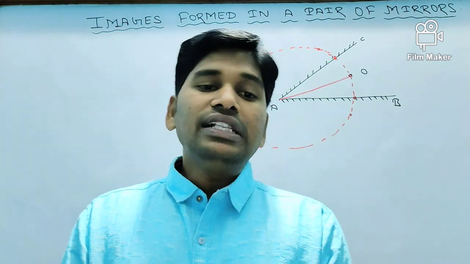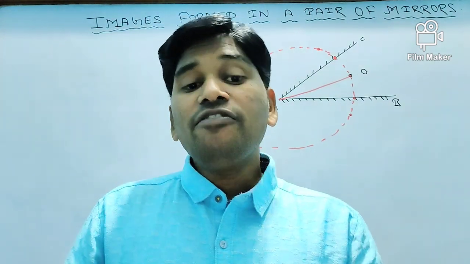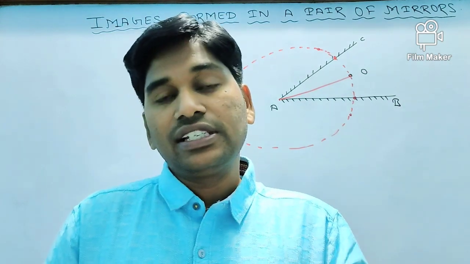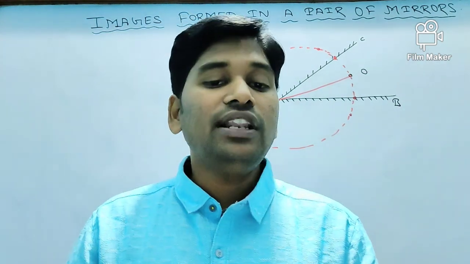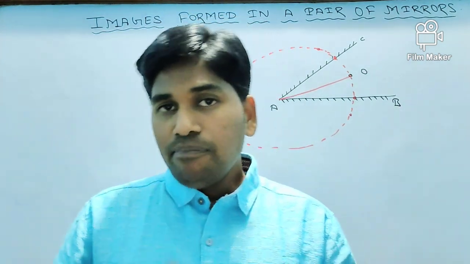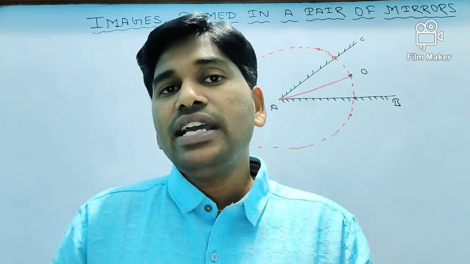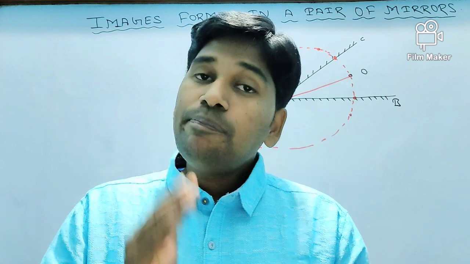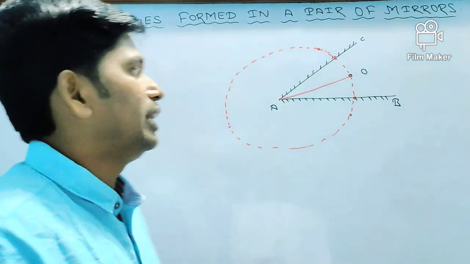Now we will see the number of images formed by these plane mirrors. So how many images will form? The number of images formed by these two plane mirrors depends on the angle between them.